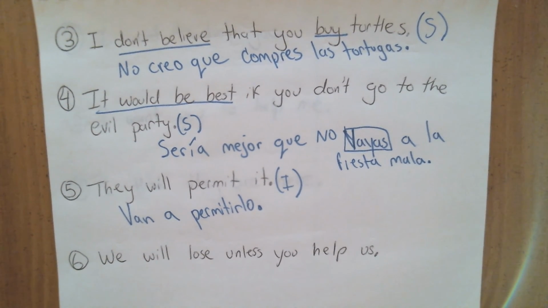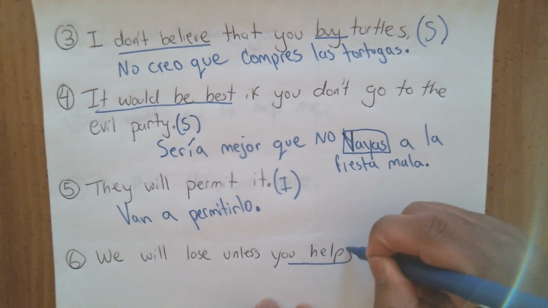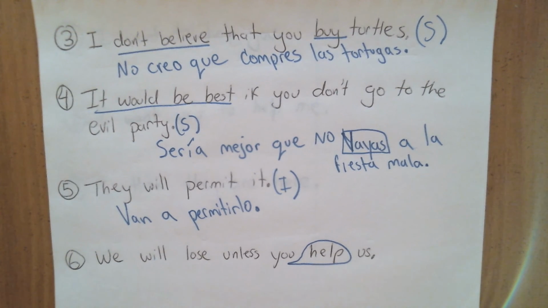How about number 6? We will lose unless you help us. Is this an indicative or subjunctive statement? Well, this is a future plan or an anticipation. Have you actually helped us yet? No, you haven't. It's what we expect you to do. So because that's an expectation, that part is going to be in subjunctive.